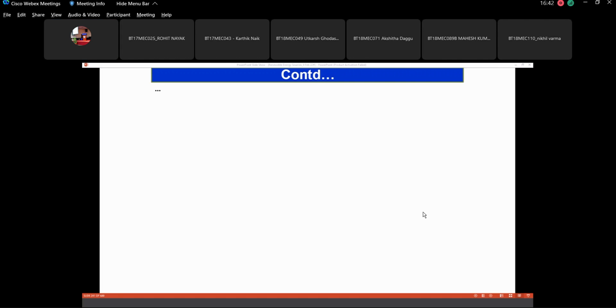If you talk about the inverter, at the output it will be giving us AC output.